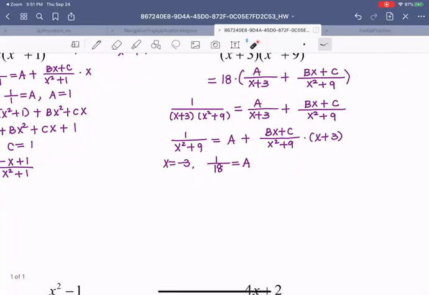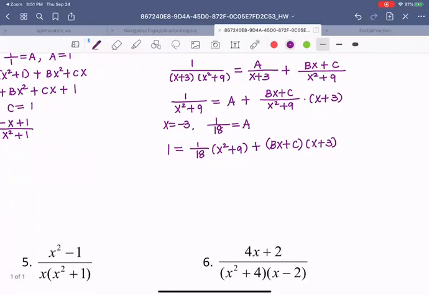Now bx plus c. Oh, so we are going to times x squared plus 9 for each term. Left side times x squared plus 9 is 1. Right side is 1 over 18 times x squared plus 9 plus bx plus c times x plus 3, right?